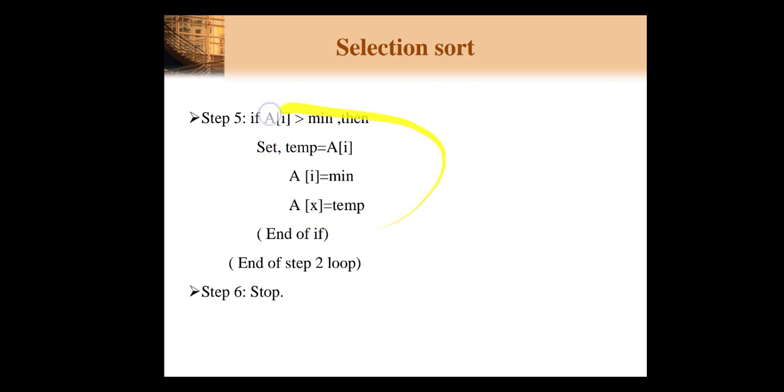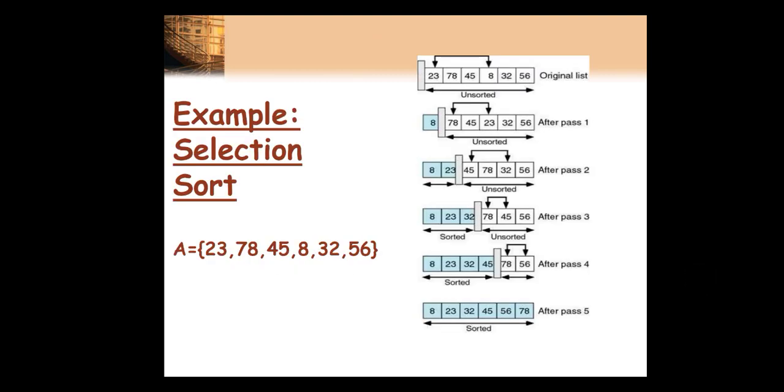We take the value of a of i into the temporary variable, then put that minimum value at the position of a of i, and at the position where we found that minimum element, we store our temporary value. In this way we perform the swapping, and we select the smallest element one by one from the remaining array and place it at its proper position inside the array. In this way the selection sort works.